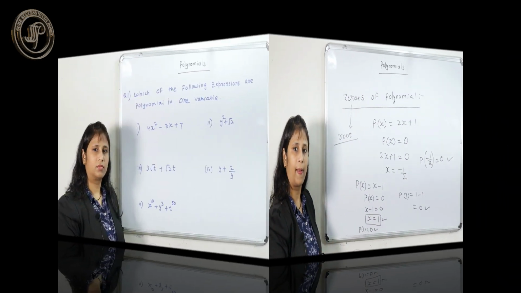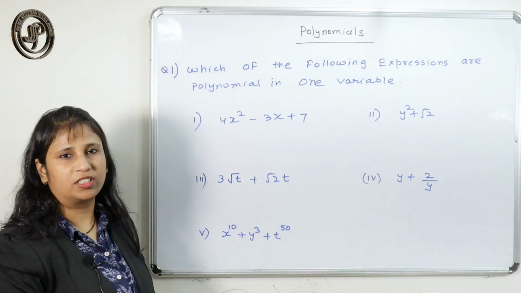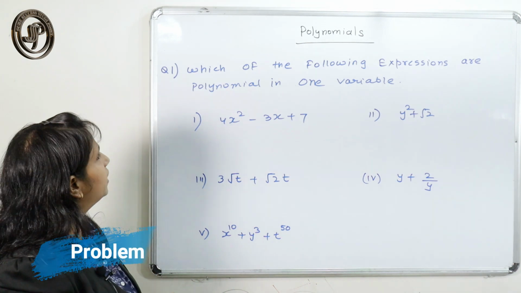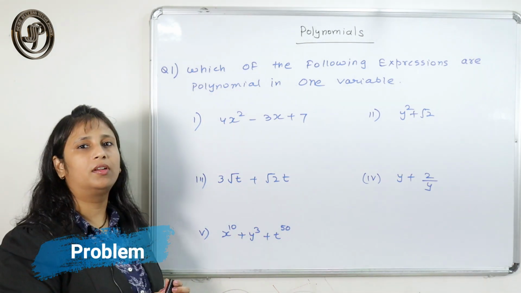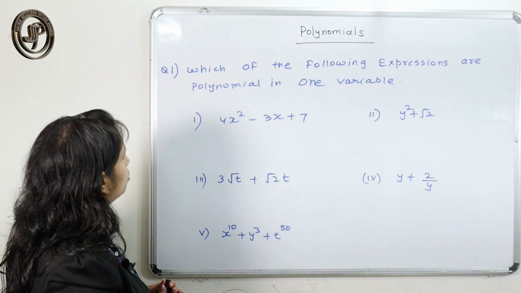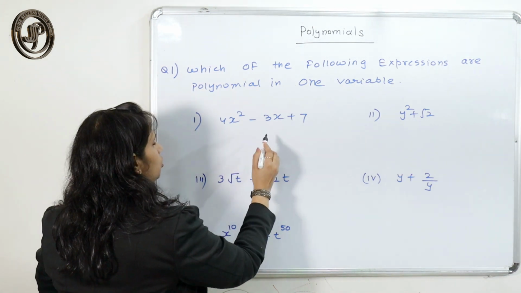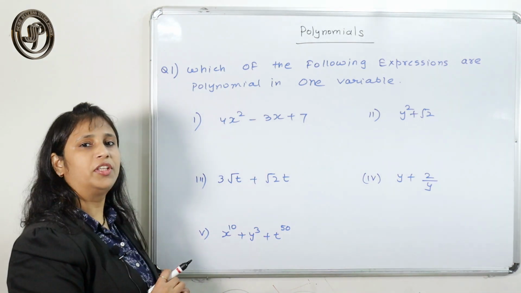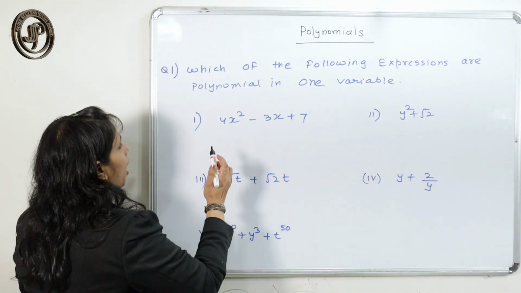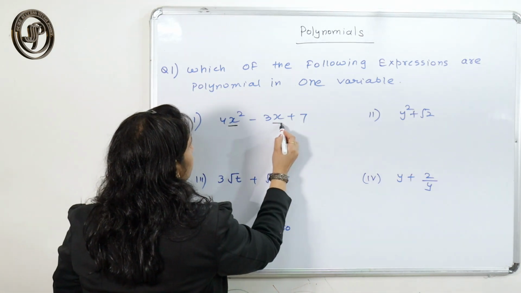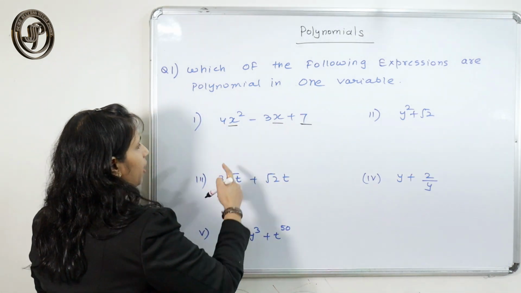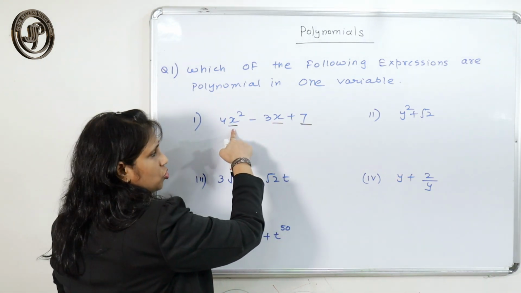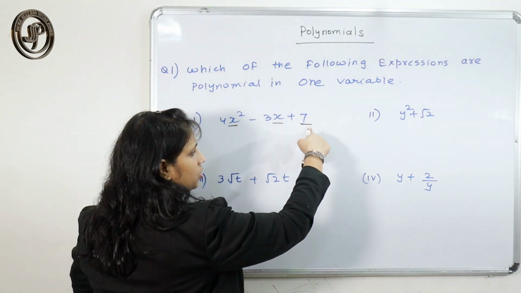Okay. So let's understand the concept through some questions. We have a question: which of the following expressions are polynomials in one variable? Here first you need to check whether this is a polynomial or not. In order to check, you have to check the power of each term. Here the power is 0, here the power is 1, here the power is 2, here the power is 1, here the power is 0.